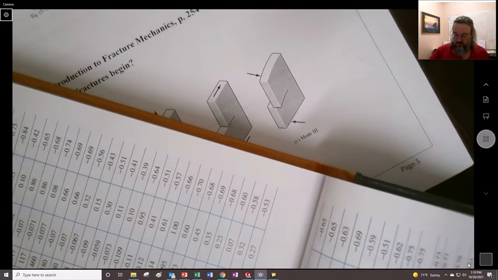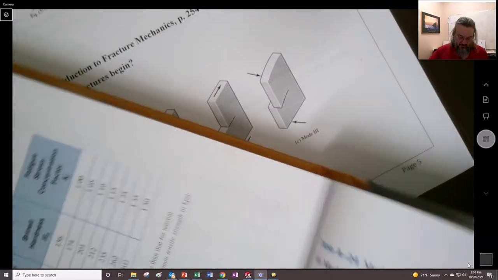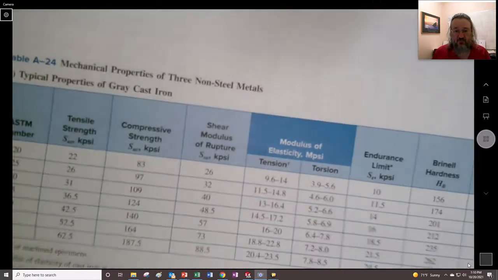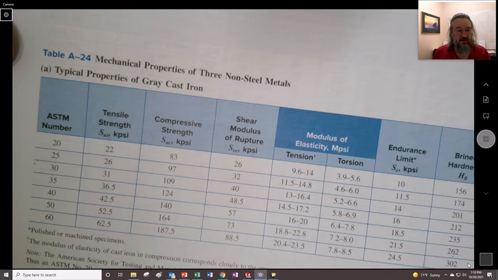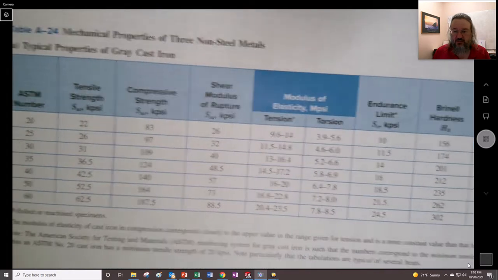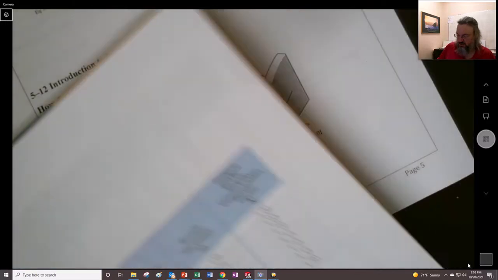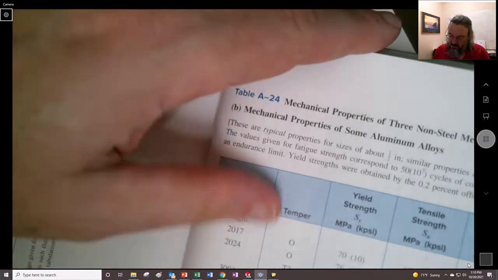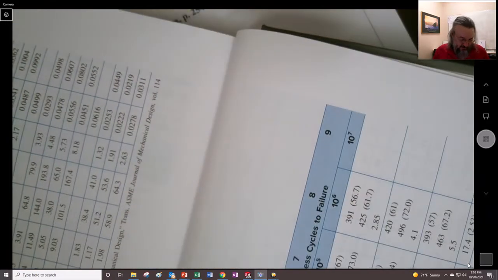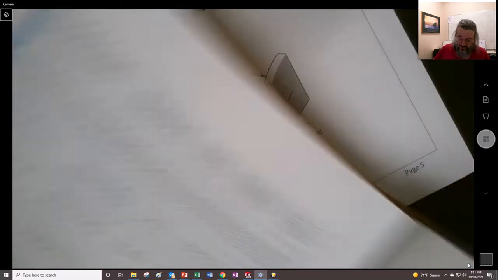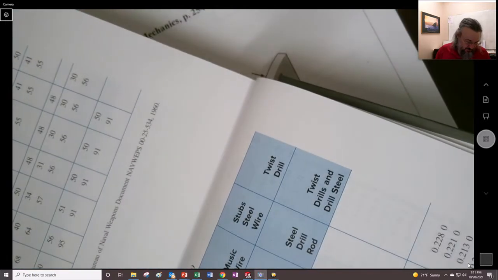Now, if I kept looking here, would I find anything? No, they don't give us this for gray cast iron, which is considered brittle. So it's interesting to me that we don't have any real examples in Shigley where I see any of these. There are just statistical things for some materials.